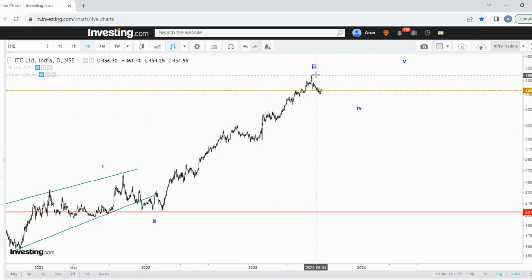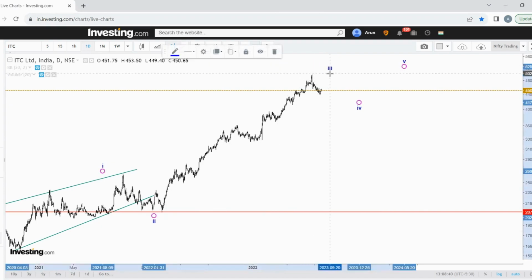So there is a possibility that wave 3 may still have one more leg up. I'm not sure, but just have it as an option, because there is no big dip in wave 4. Everything is steep now, so the entire thing seems to be wave 3.